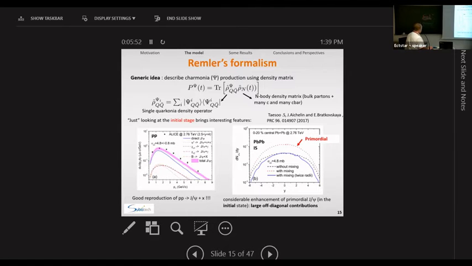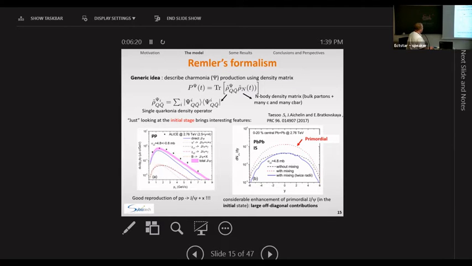There was already work done by Teaney, Jörg, and Elena looking at the primordial production, so just after the overlap, using this formalism. What they found, on the right plot, is that if you just look at the diagonal contribution, you get this blue curve, which is typically what is called the equivalent pp.